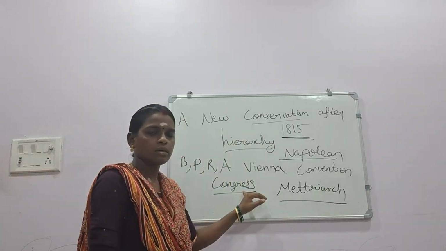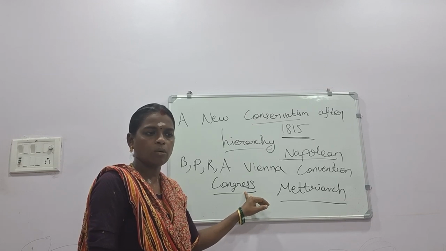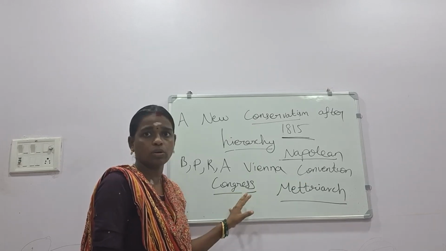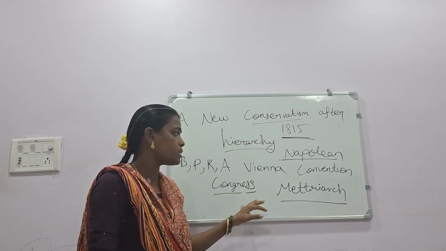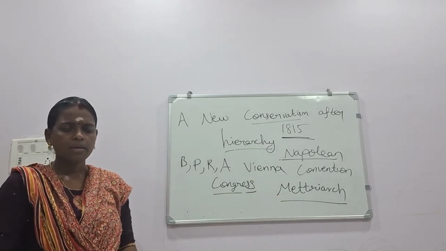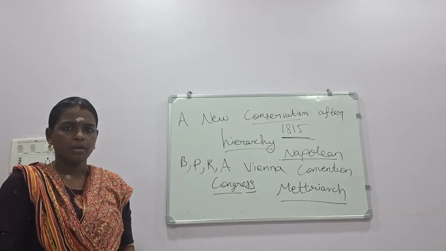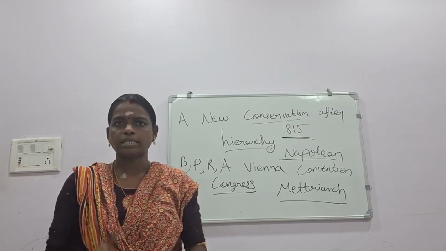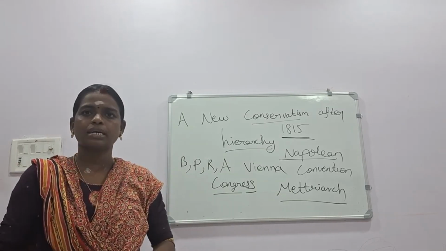So Congress was a meeting or a convention or a conference which was led by a matriarch. And next, when the conference was conducted, only that leader should be there?